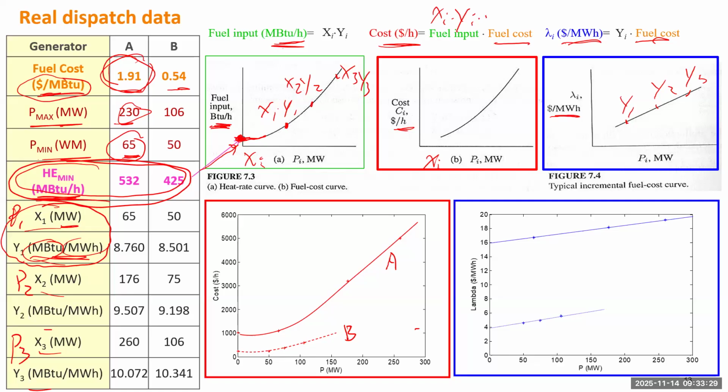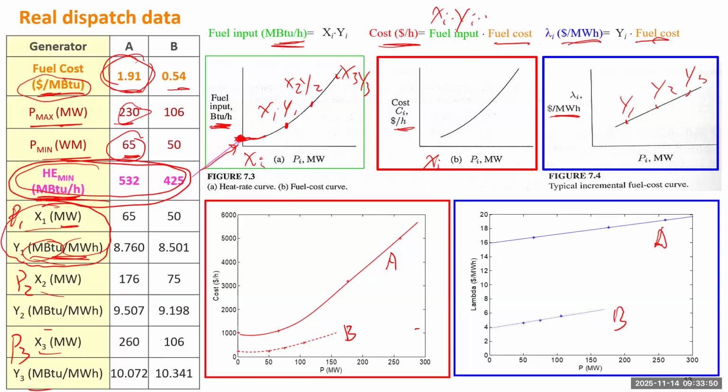And the second curve has incremental cost, so the value of each point indicates the price, dollar amount per megawatt hour, the energy price, changing with the output. So that relationship is treated as linear in this slide.